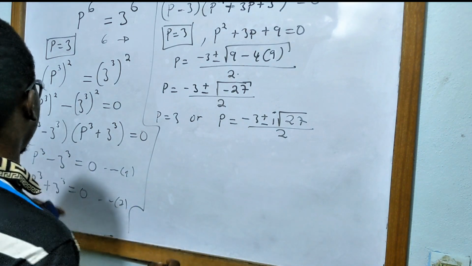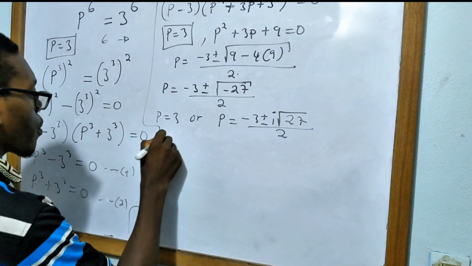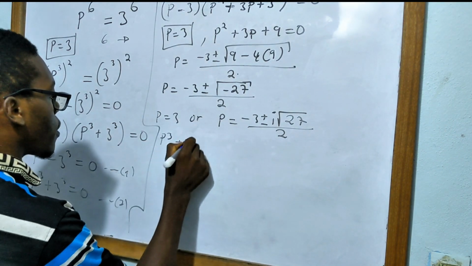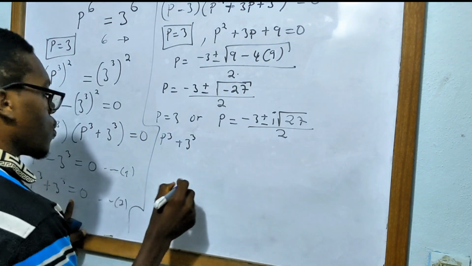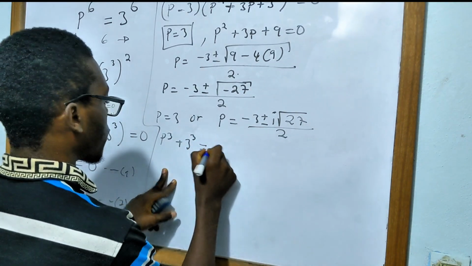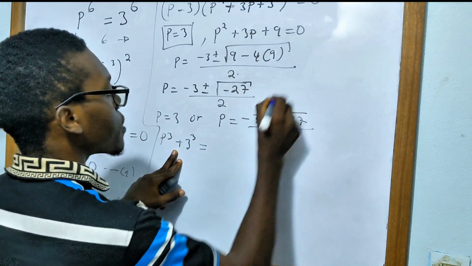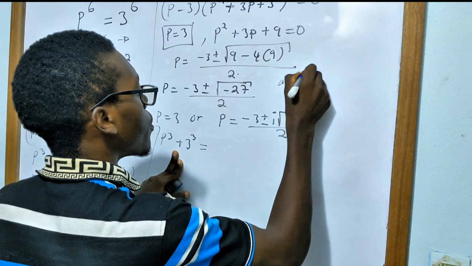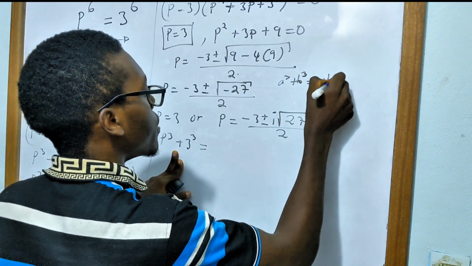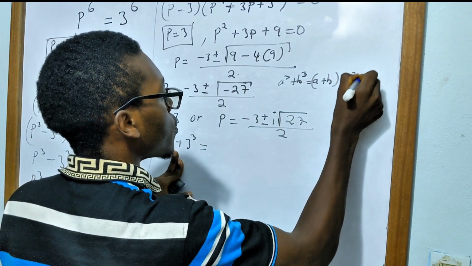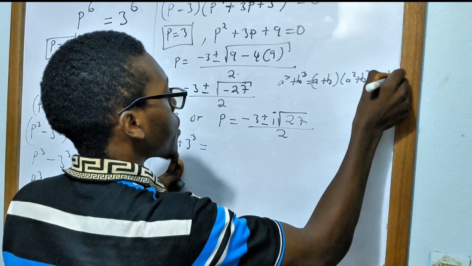Okay, in the other case, let's take p cubed plus 3 cubed equals 0. We know that a cubed plus b cubed is equal to (a plus b) times (a squared plus b squared minus ab).